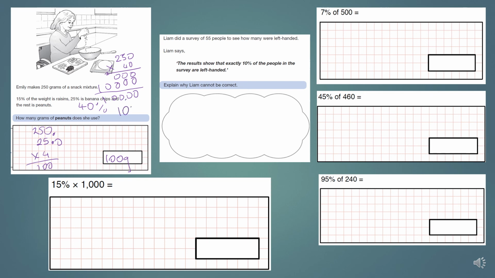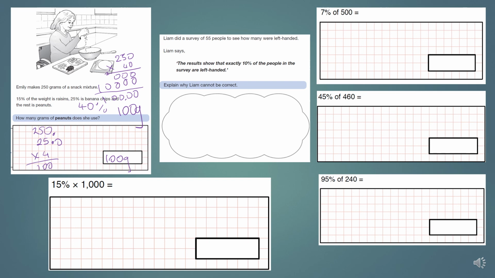Okay, Liam did a survey of 55 people to see how many were left-handed. Liam says, the results show that exactly 10% of the people in the survey are left-handed. Explain why Liam cannot be correct.